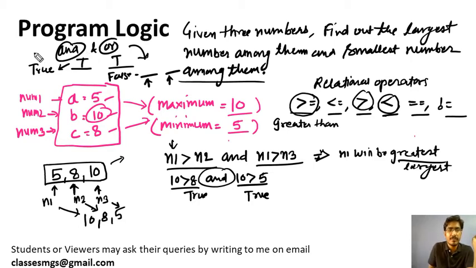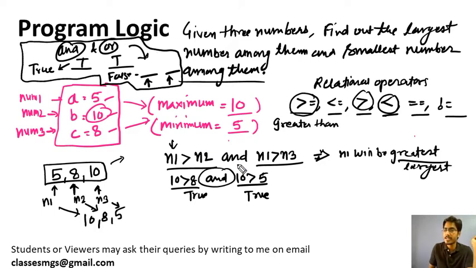Okay, so I'm not going to cover these in detail here. I have just given the idea so that you can understand the meaning of and. True and true will return true, and that's why this will say number 1 will be the greatest number. Okay, this is the logical explanation. It will be helpful when we write this into an if condition.